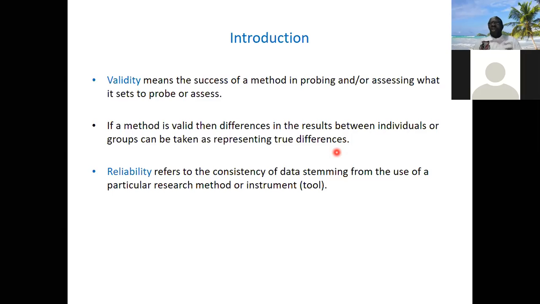It's the same thing even for the whole research. You say, oh, we have found out that the average weight of women maybe is more than men in a particular community. So averagely, if your method is valid, you can say, okay, women weigh more, maybe by only 5 kg, so we can say that is the true difference if we can be sure that the method you have used is valid.